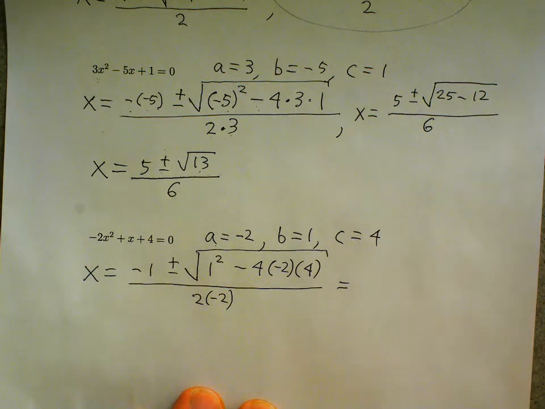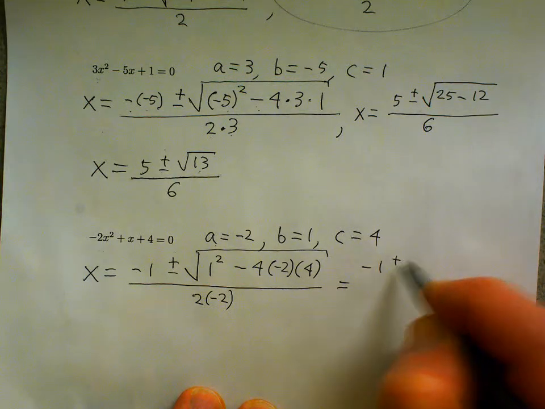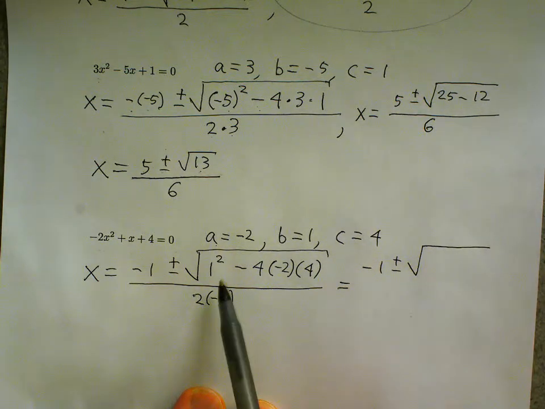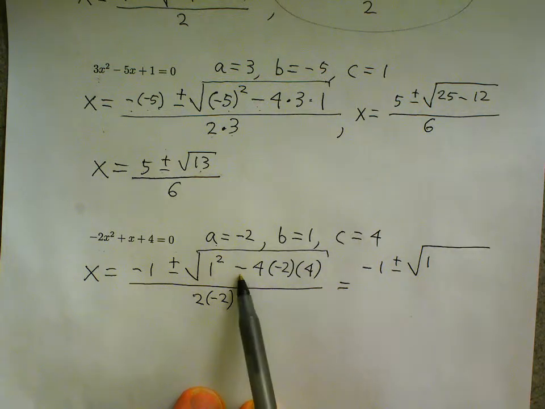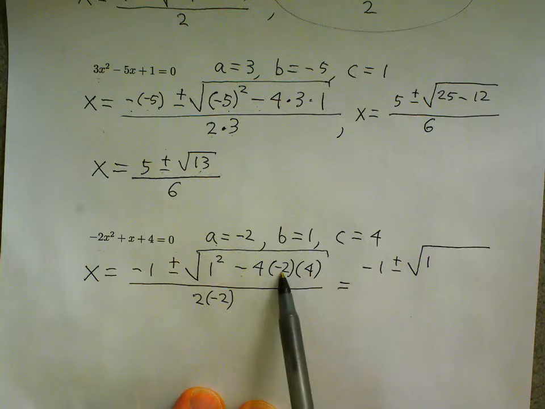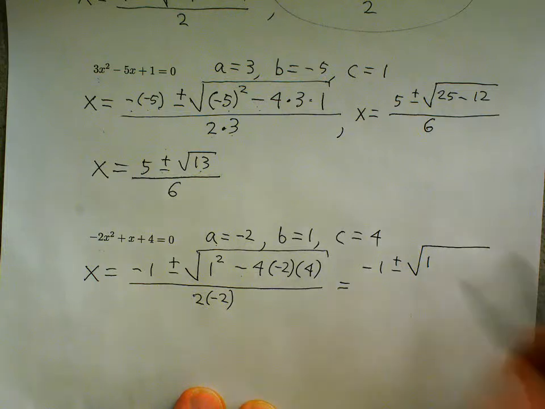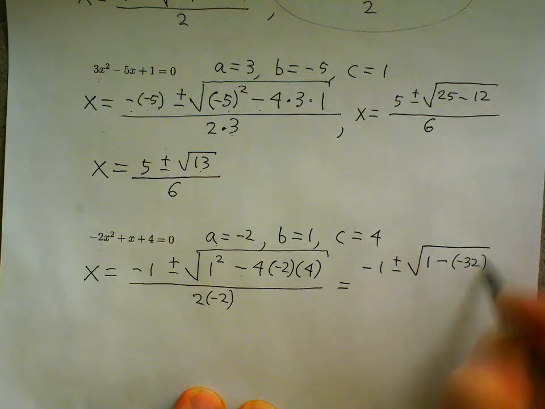Okay, so now we do the arithmetic. In the numerator, we have negative 1 plus and minus the square root of a number. So inside the square root, we have 1 squared, which is 1. And we're subtracting 4 times negative 2 times 4. So we're subtracting negative 32. So 1 minus negative 32 inside the square root.